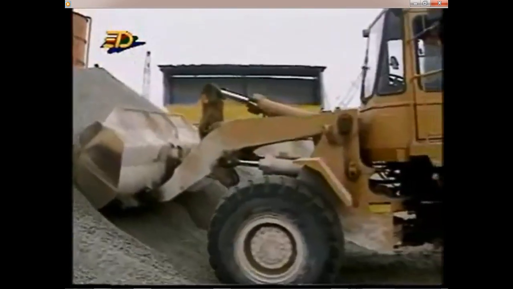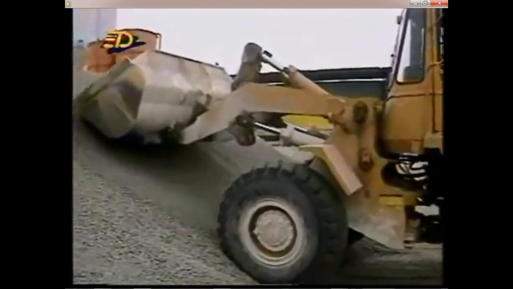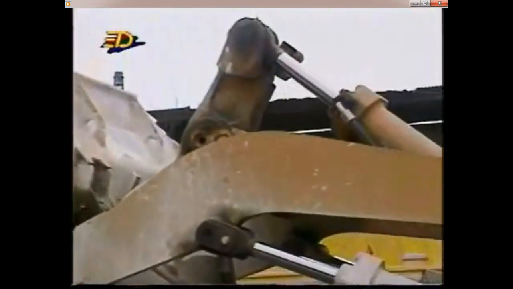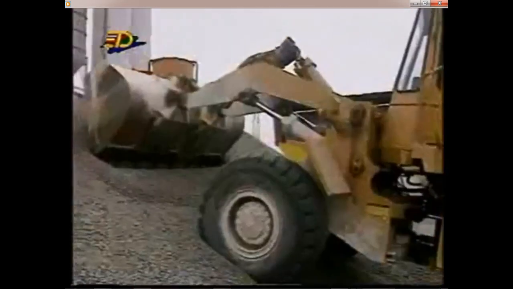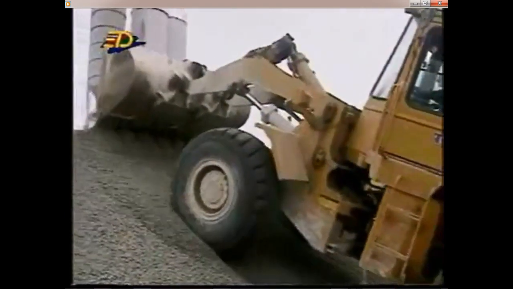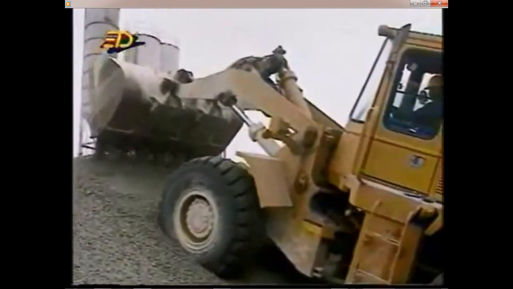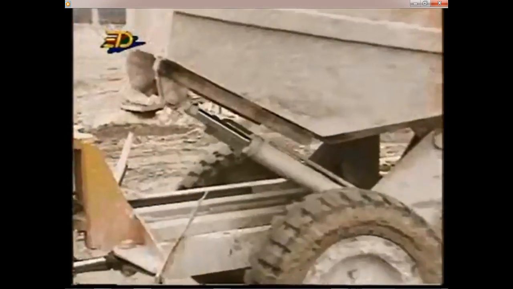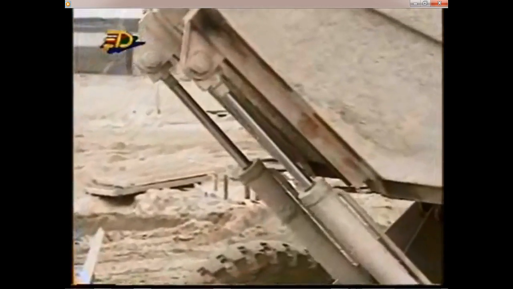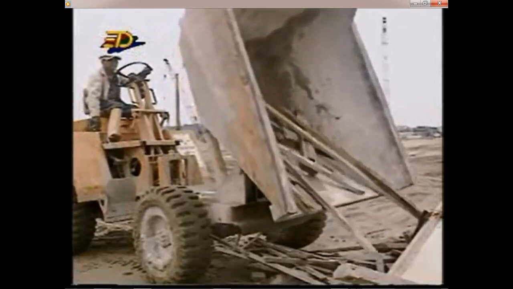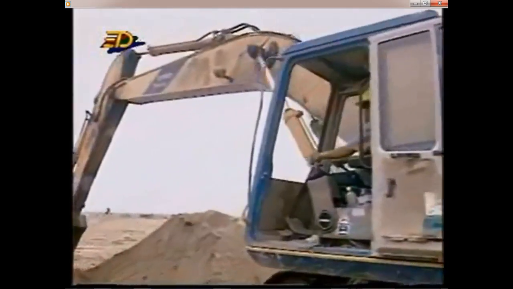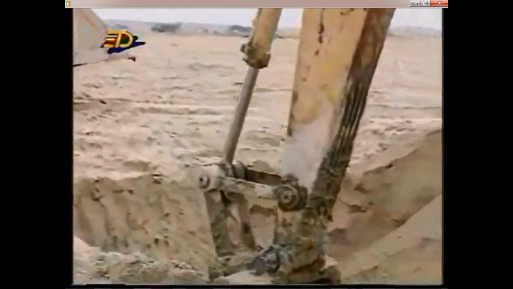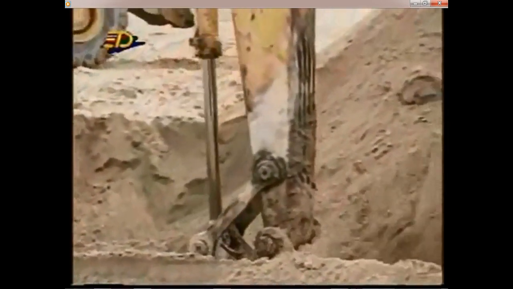Hydraulics is also used in many heavy machinery in the construction industry, like this loader. Can you see the moving pistons in action? Machines using the hydraulic system are capable of moving very heavy loads. This is a dumper. It also works on hydraulics. The excavator is another hydraulic machine commonly found at construction sites.